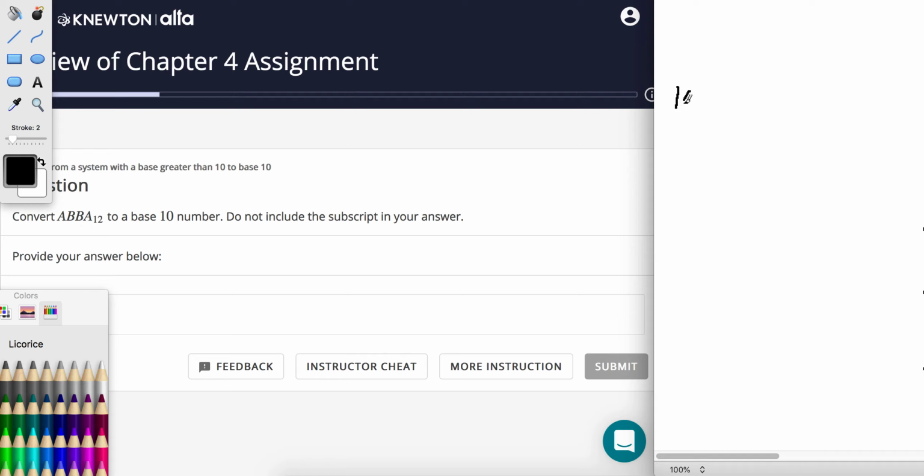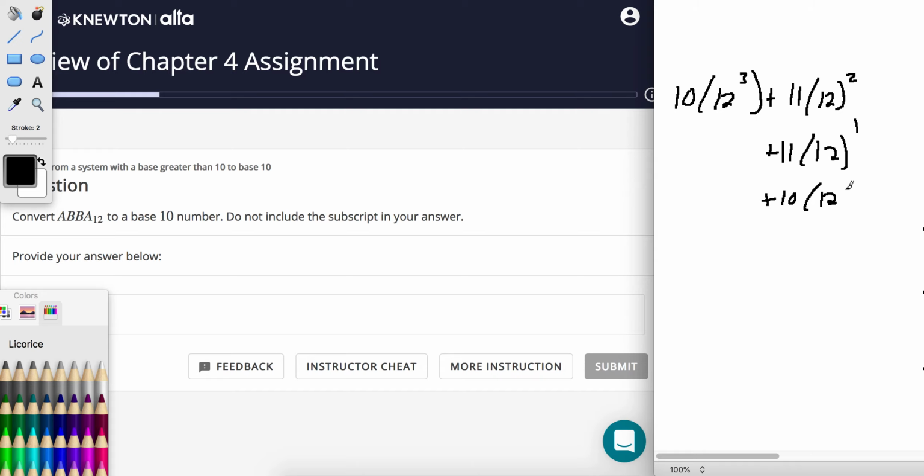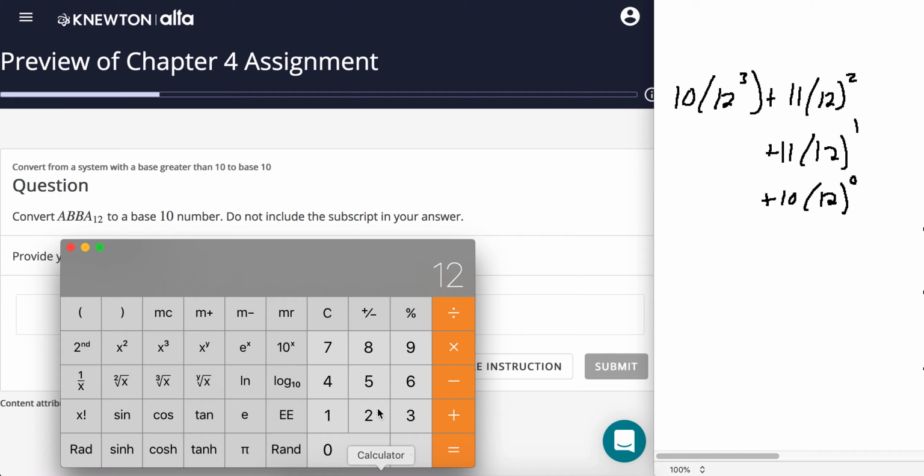That means there's 10, 12 to the third power, plus there's 11, 12 to the seconds, because B, if you use that chart, we said B was 11, plus there's 11, 12 to the first, plus there's 10, 12 to the 0 power. Okay, so find out what all those values are.